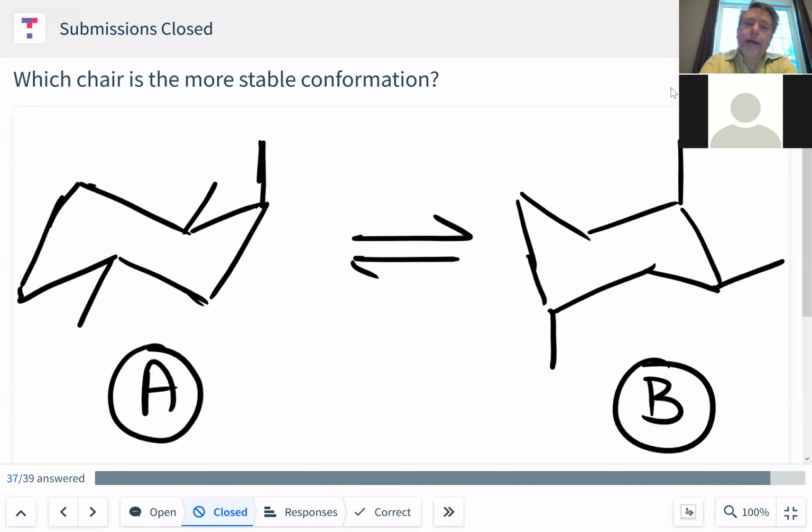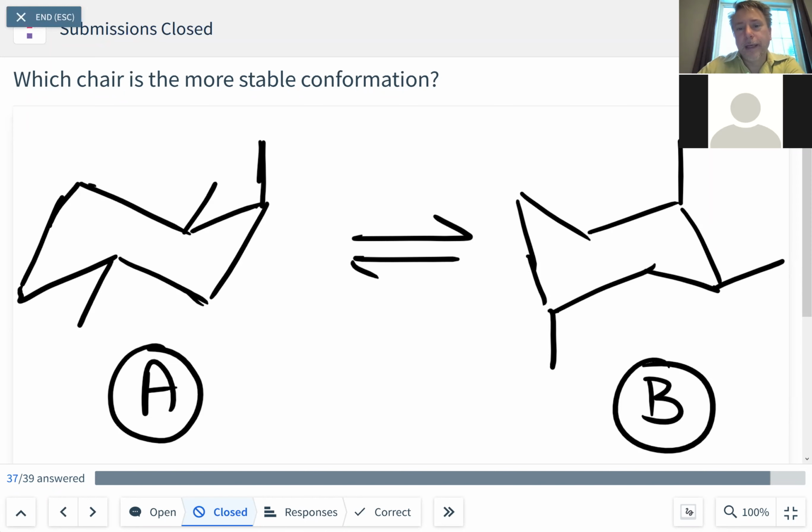So to solve a problem like this, the destabilizing interactions for chair conformations are steric interactions, which is very similar to a gauche interaction of a Newman projection. And it manifests itself as what we call 1,3 diaxial strain.